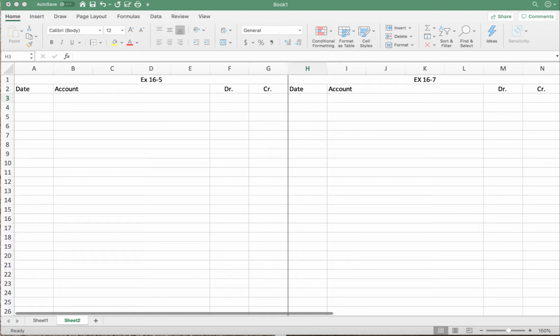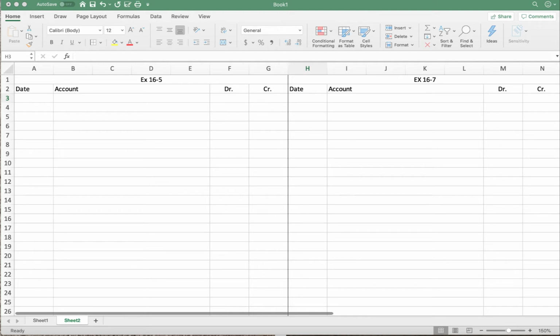And it says Nosker Incorporated had the following transactions pertaining to investments in common stock. Nosker purchased 5% of Escalante Corporation's common stock.